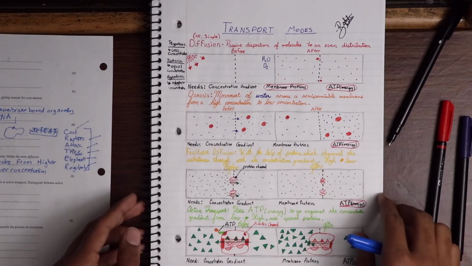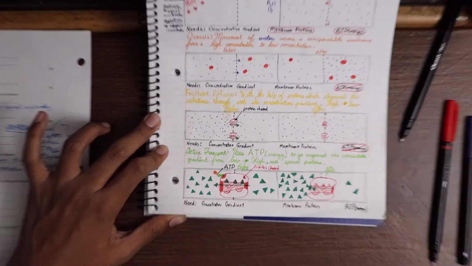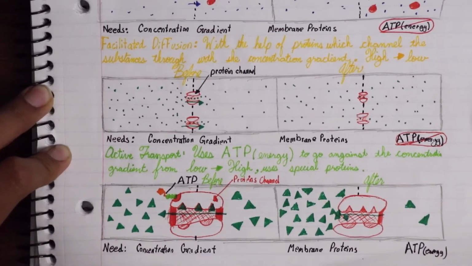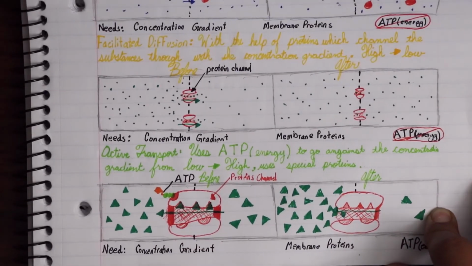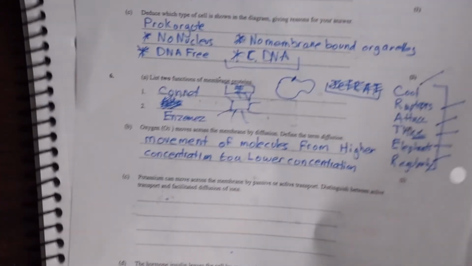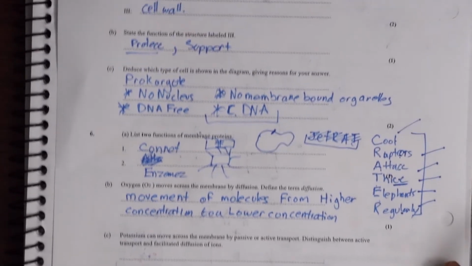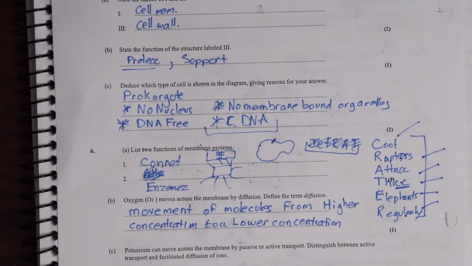For this question, we're just focusing on facilitated and active transport and the differences between those two. So, if I can get that, there you go. Potassium can move across the membrane by passive or active transport. Distinguish between, okay, so we're just distinguishing between them.